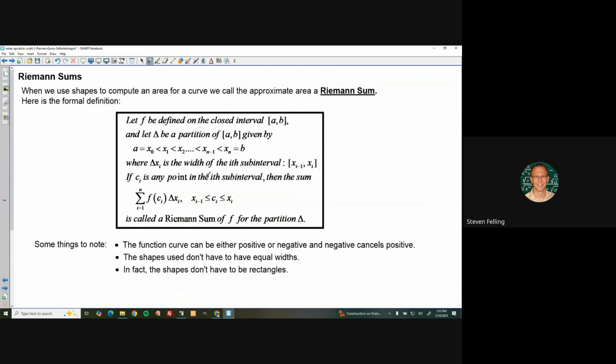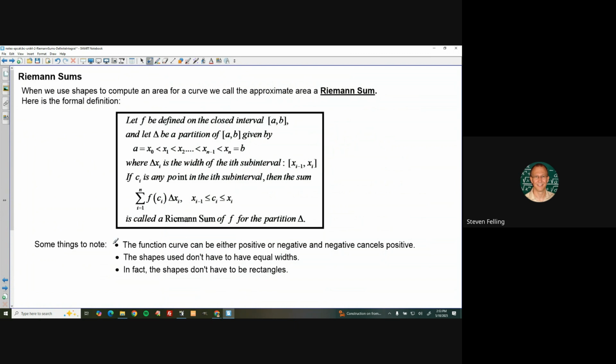If ci is any point in the ith subinterval, so a selected x, then the sum from i equals 1 to n of the finite rectangles of the height f of ci times the delta xi for that width is called a Riemann sum of f for the partition delta.